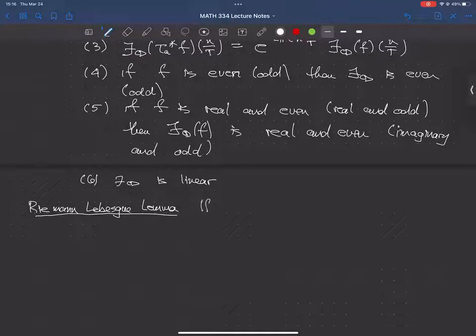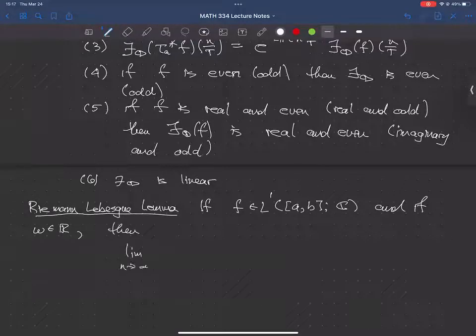And it says this: if f is L1 on a compact interval AB, and if omega is some real number, then the limit as n goes to infinity of the integral from a to b, f of t e to the i omega n t dt, is equal to 0.